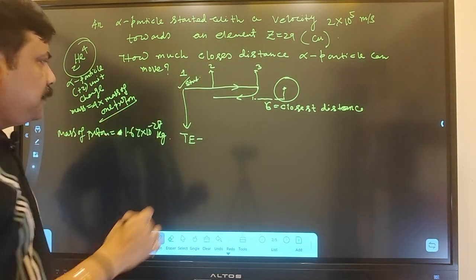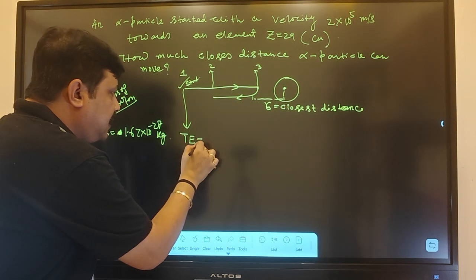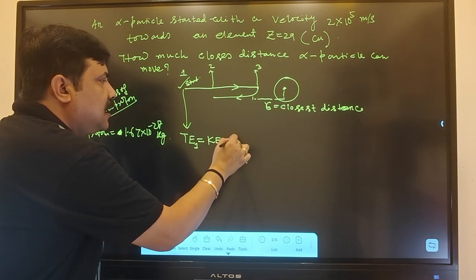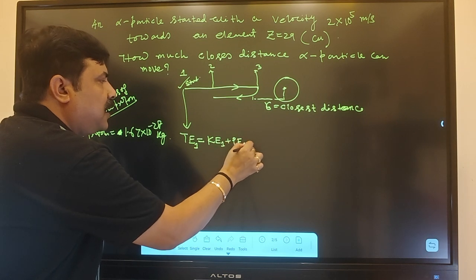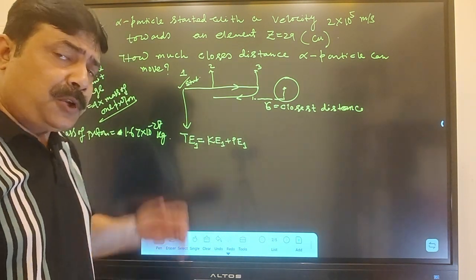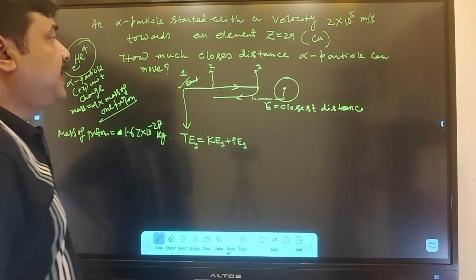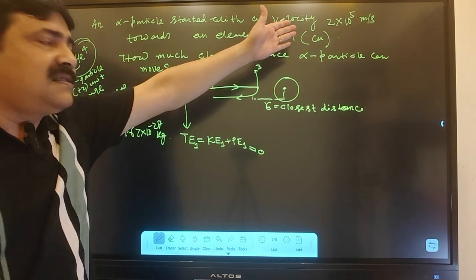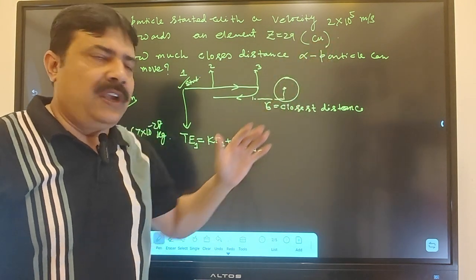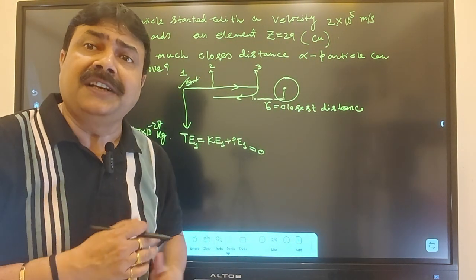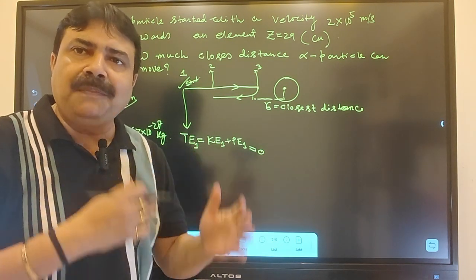At the starting point, total energy T1 equals kinetic energy 1 plus potential energy of starting point 1. Total energy is the summation of kinetic energy plus potential energy. Here the potential energy is almost 0, because it has its maximum velocity. When it goes close, repulsion starts, then the velocity starts decreasing due to the repulsion.